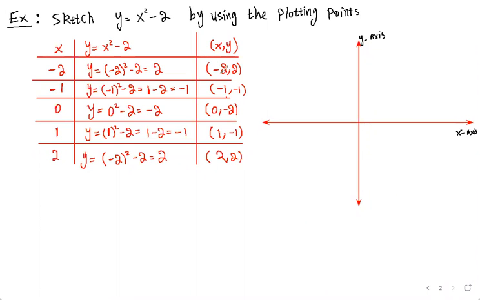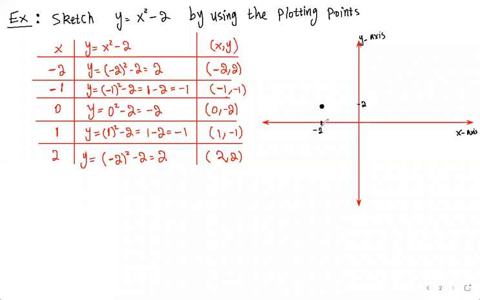So again, you represent these points inside the Cartesian plane. First point is -2 and 2. So it will look like here. So this is -2 and 2.